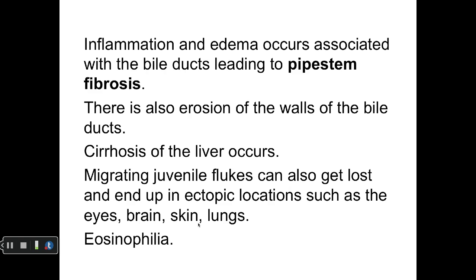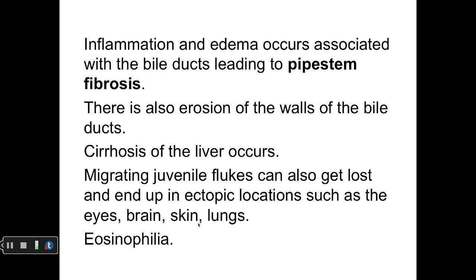So you're going to have inflammation, you're going to have edema, and the inflammation that it builds up around the bile ducts causes thickening and fibrosis of the bile ducts, leading to that condition known as pipe stem fibrosis.